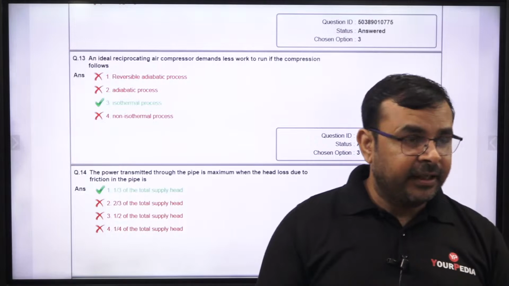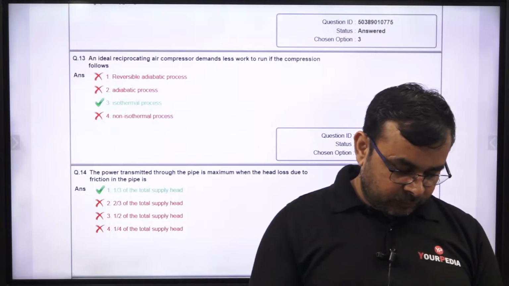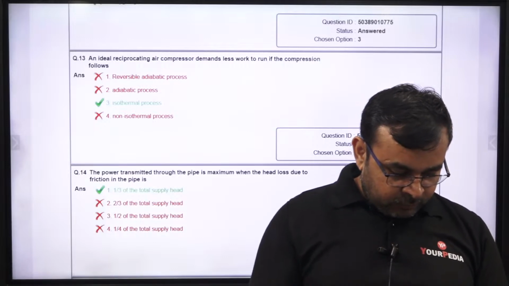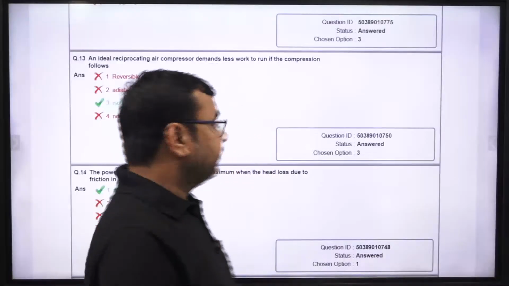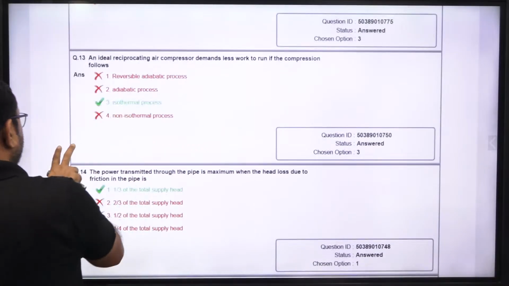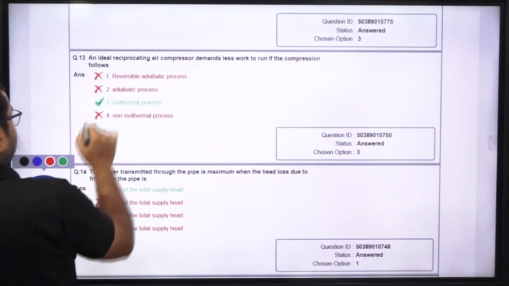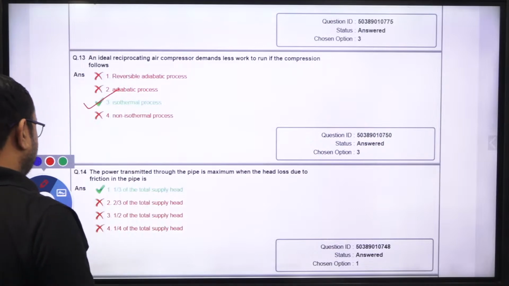Okay, the correct answer is isothermal process. Isothermal process requires very little work input for a reciprocating compressor. Is it clear? Next question.